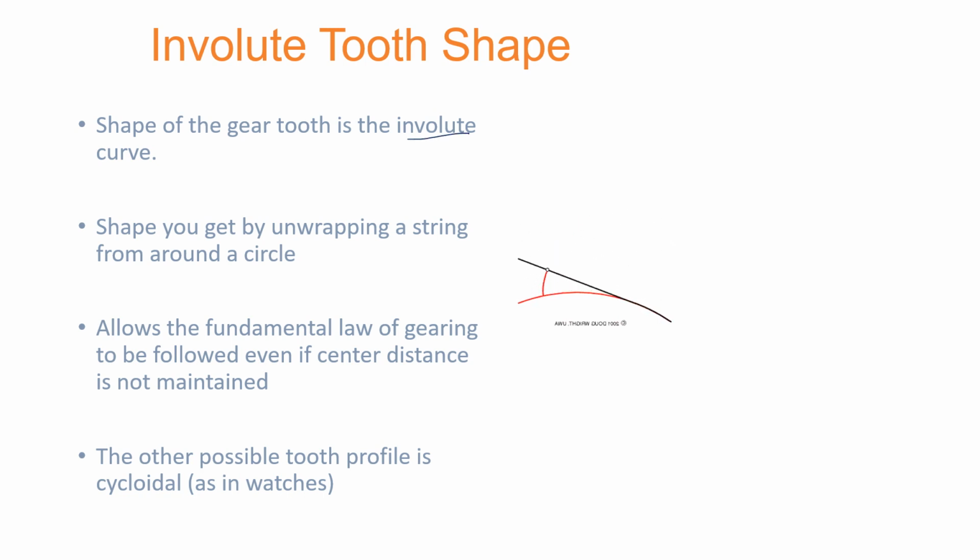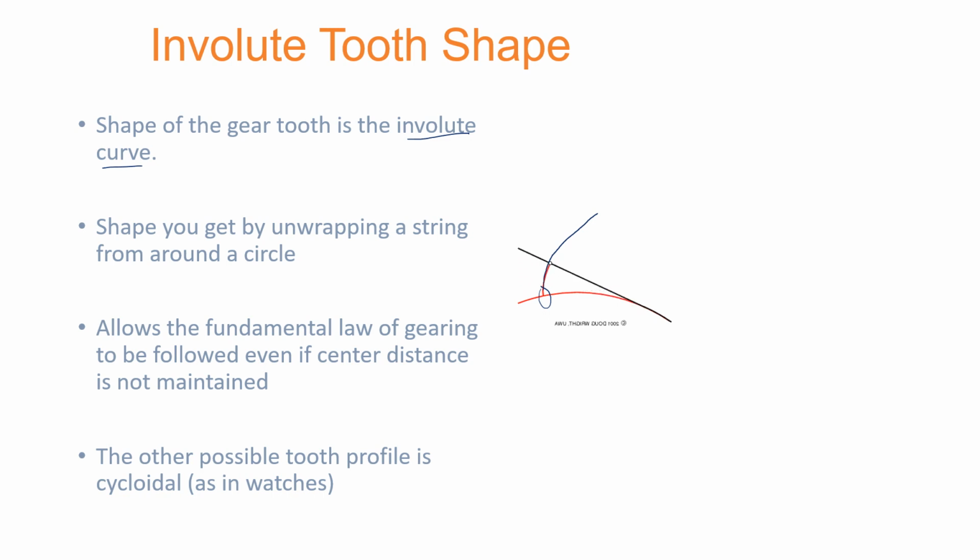An involute curve, in terms of its definition, is something like you have a string wrapped over a cylinder, just like the way you're visualizing now on this illustration. And a specific point on that illustration indicates that when you try to unwrap this string from that cylinder, what is going to be the path taken by that point.